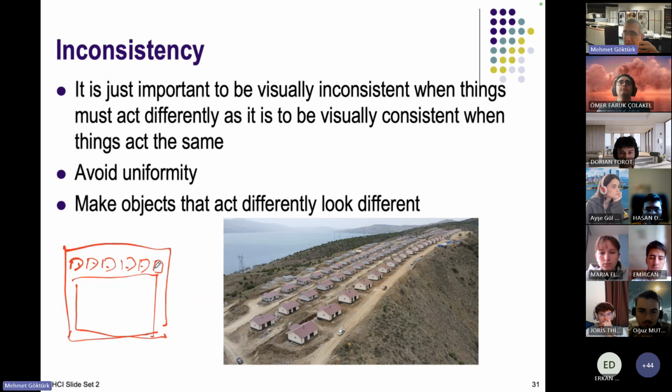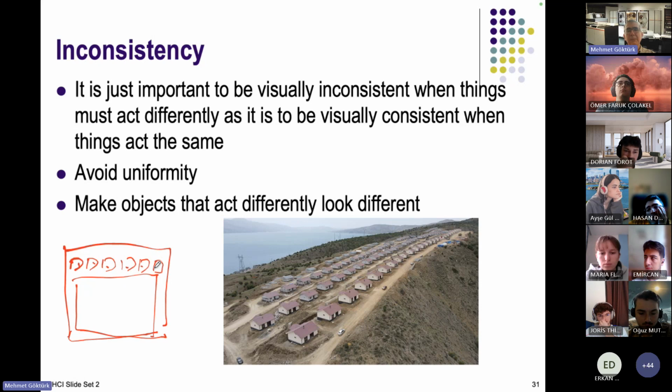So it is important to be visually inconsistent when things must act differently, such as if the button is important, a critical button, make it red. Don't make all the buttons in the same way. Okay? So avoiding uniformity in the interface is good.